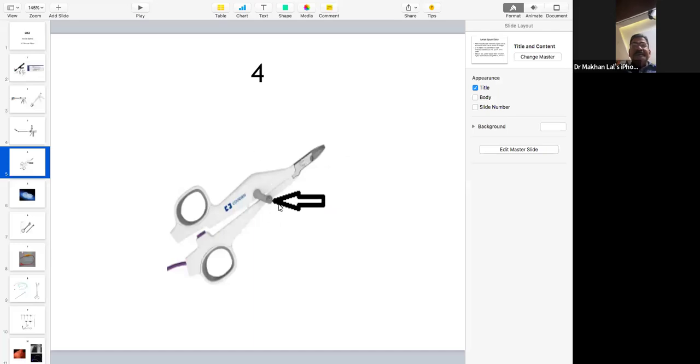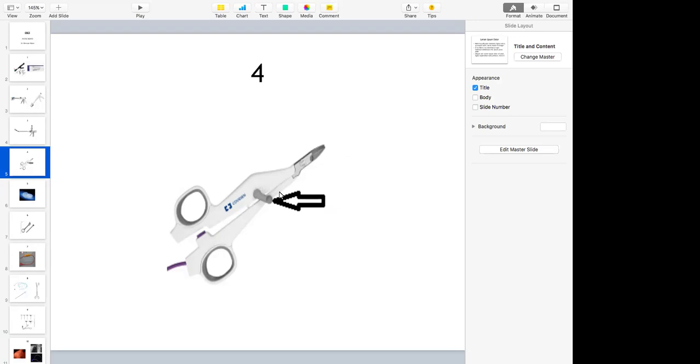What does the arrow point to? The arrow is pointing to... You have to see this device, otherwise you cannot make out.